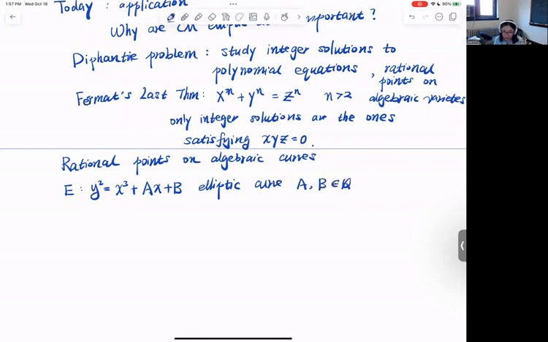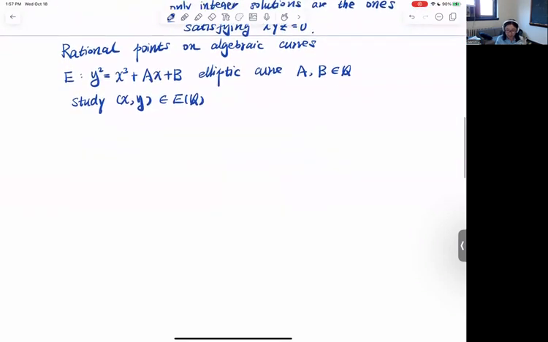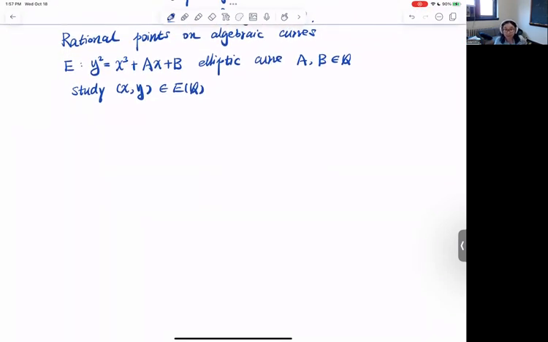And let's study the set of (x, y) on E(Q), meaning very concretely just rational numbers x, y which satisfy this given Weierstrass equation. Okay, so what do we know about this set?